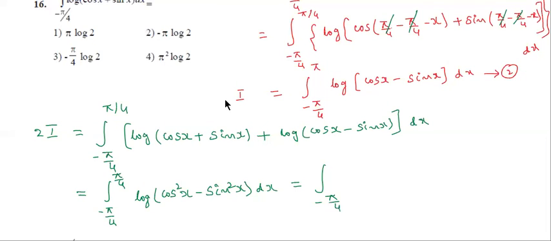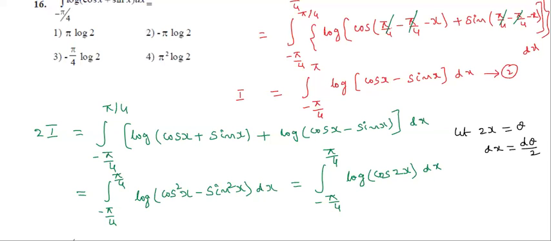Minus pi by 4 to pi by 4 logarithm of cos 2x dx. Here do one thing. Let 2x is equal to theta. Then dx is equal to d theta by 2.